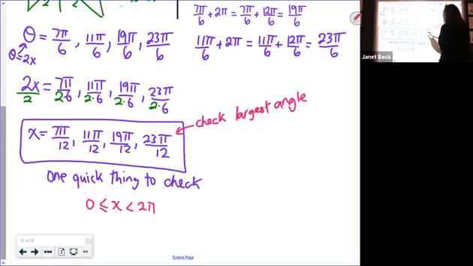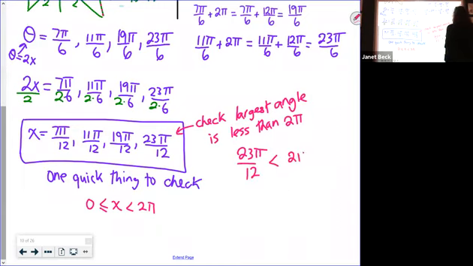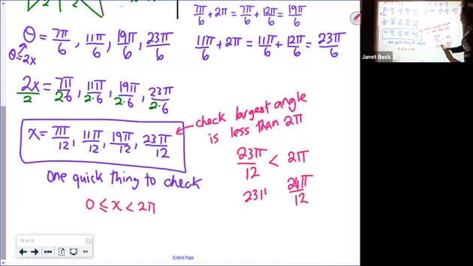Check that the largest angle is still less than 2π, because 2π would be the same as 24π/12. Okay? So we're happy. Haha. Or maybe you're not happy.